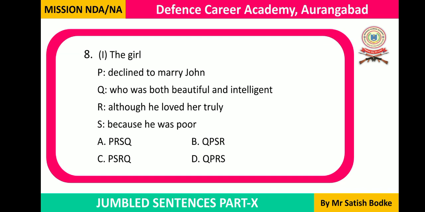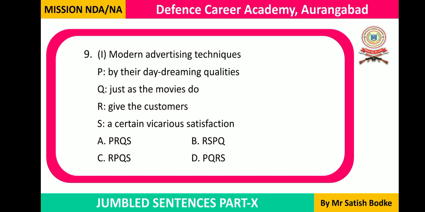Now let's go to question number 9. Here again we have 5 parts of the sentence, and the first sentence starts with a noun phrase, modern advertising techniques. And after the noun phrase, obviously a verb should come. Modern advertising techniques give the customers, give is the verb here, which can be used after the noun phrase modern advertising techniques, which is used as the subject.